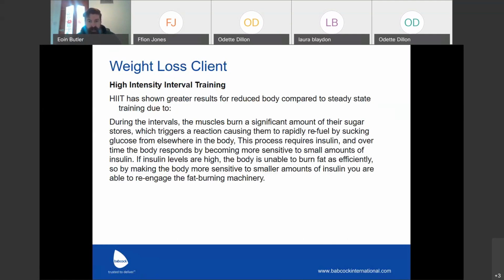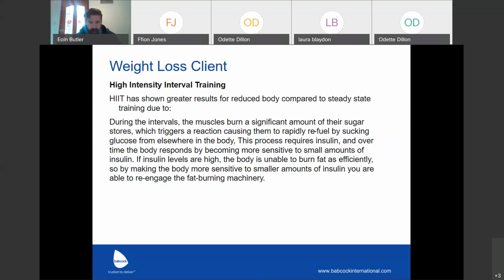This process requires insulin, and over time the body responds by becoming more sensitive to small amounts of insulin. If insulin levels are high, the body is unable to burn fat as efficiently. So by making the body more sensitive to smaller amounts of insulin, you are able to re-engage the fat-burning machinery. Okay, so that's a brief explanation as to how high-intensity interval training works.